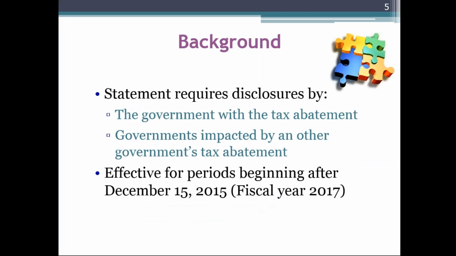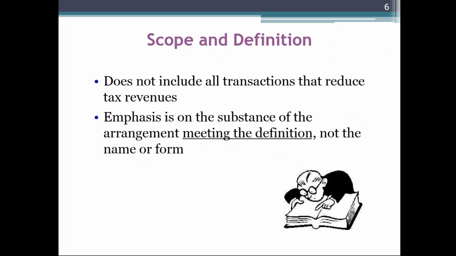The statement requires disclosures by the government with the tax abatement, and it also requires governments to report abatements by which that government is impacted by some other government's tax abatement. And it is effective for the fiscal year ending June 30, 2017.